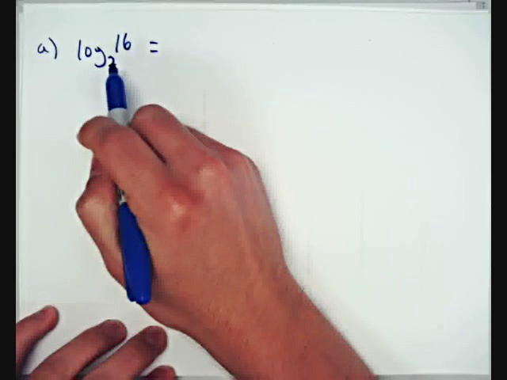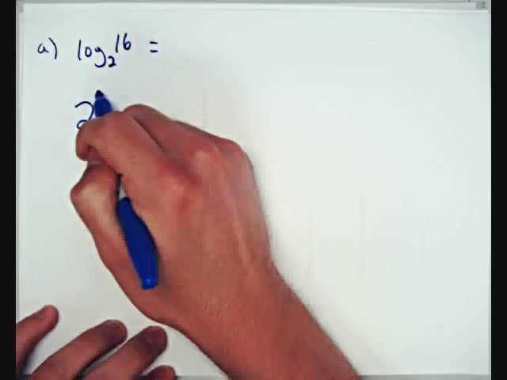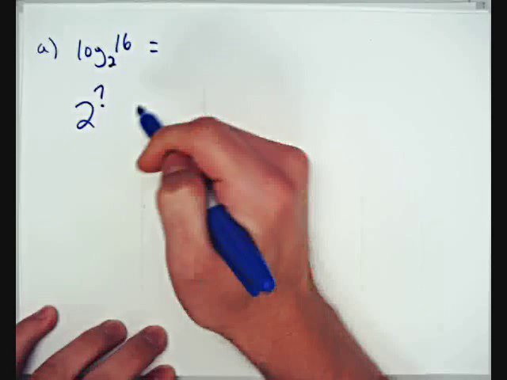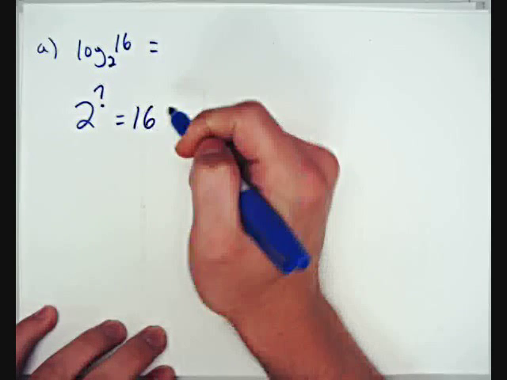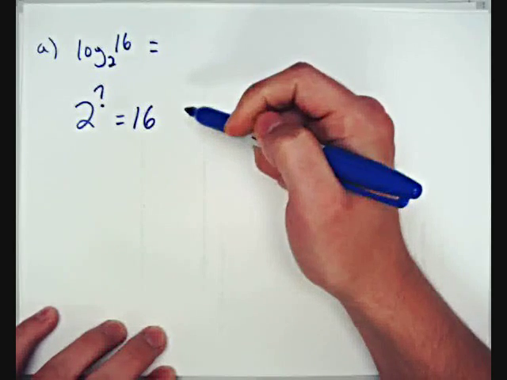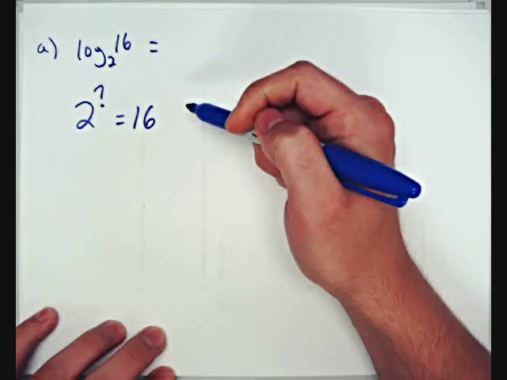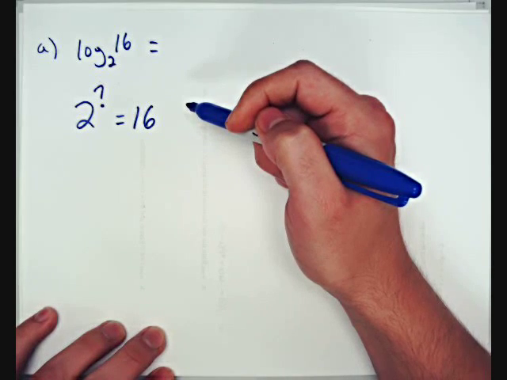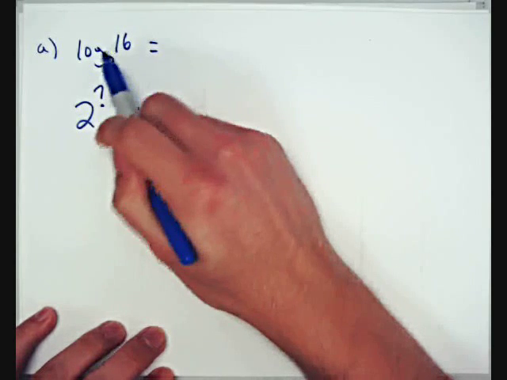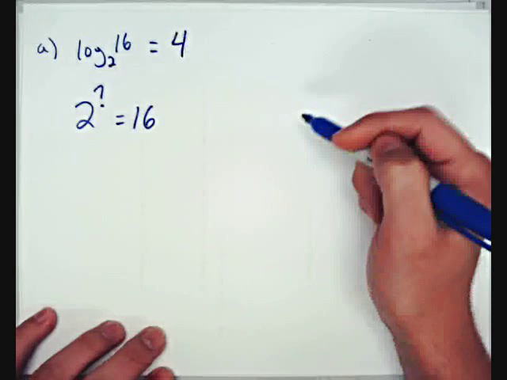So to evaluate this, we want to think about what exponent do I have to put on 2 in order to get 16? Well, if I go through the powers of 2, 2 squared is 4, times another 2, cubed is 8, times 4 2's is 16. So since 2 to the 4th power is 16, the log of 16 base 2 equals 4.